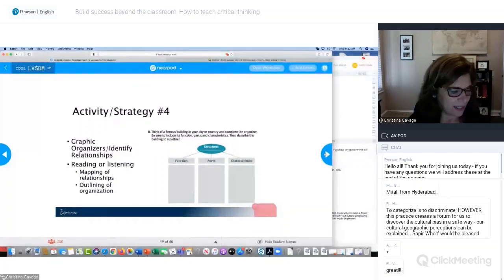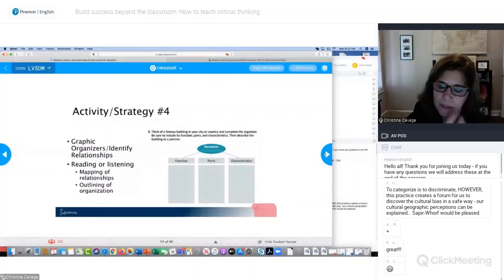Strategy 4 here is using graphic organizers. Now, many of us use graphic organizers, and I think there's so much value in using different graphic organizers and getting students to visualize language, or visualize a reading, visualize a listening.